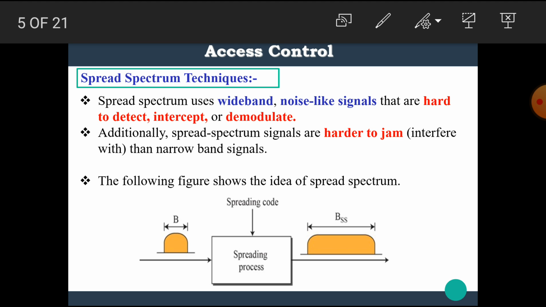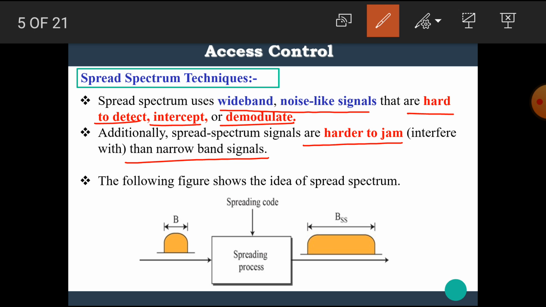The spread spectrum uses wideband noise-like signals that are hard to detect, intercept, or demodulate. Additionally, spread spectrum signals are harder to jam, that means interfere with, than narrowband signals. In short, spread spectrum technology can be used for security purposes, and it is very popular in military applications.